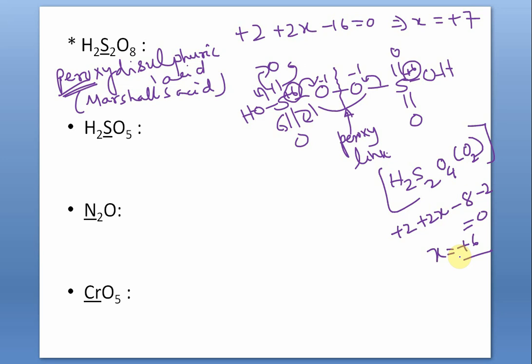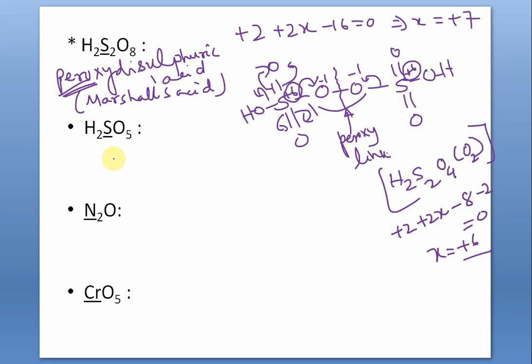So you don't say it is plus 7 or plus 8, it has to be plus 6. And if you know the structure, you can convince the question setter that both the 2 sulfur atoms have an oxidation number of plus 6, and the inner 2 oxygen atoms are not normal oxide, they are peroxide.